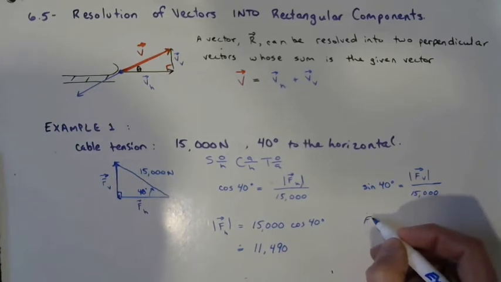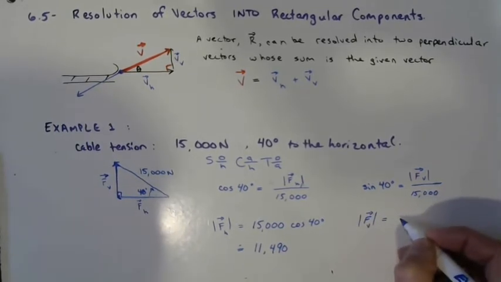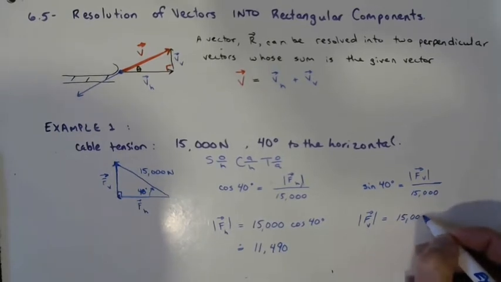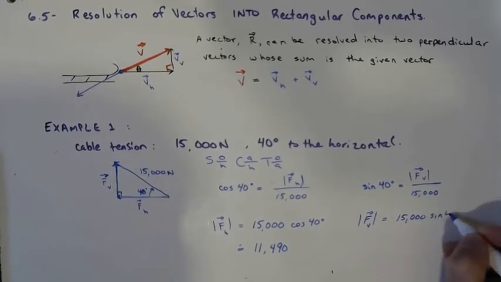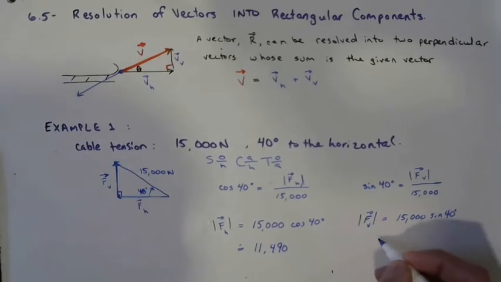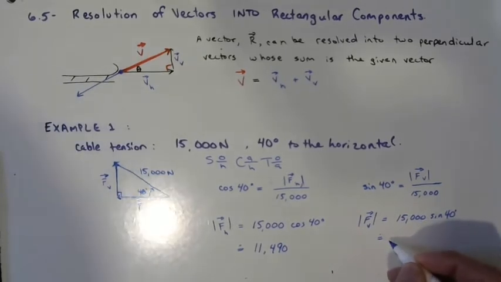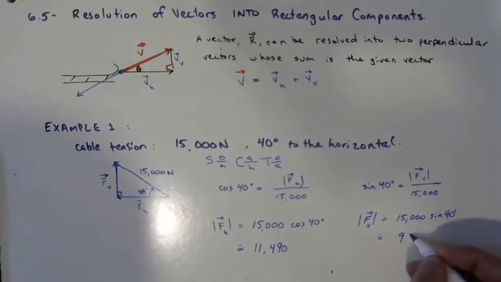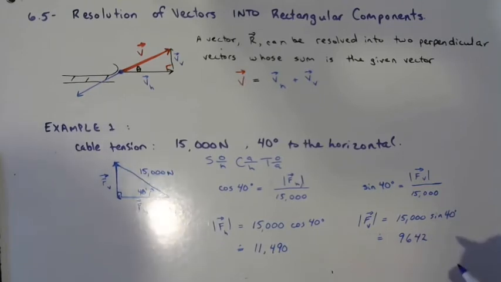So the magnitude of the vertical force is equal to 15,000 times the sine of 40 degrees, which is approximately 9,642. Click that away in your calculator.